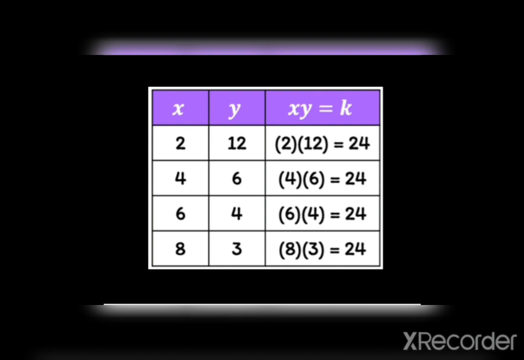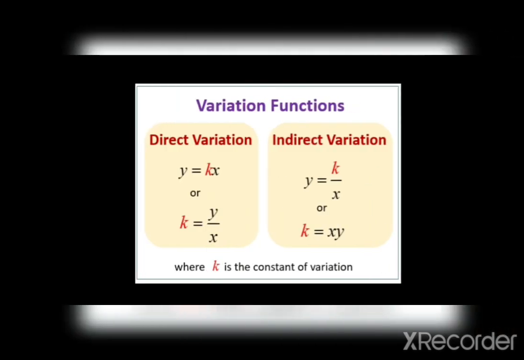Now let us see the formula. The variation functions: direct variation and indirect or inverse proportion. So y is equal to k into x, where k is the constant, or constant k is equal to y by x. It is direct proportion, division, y by x.